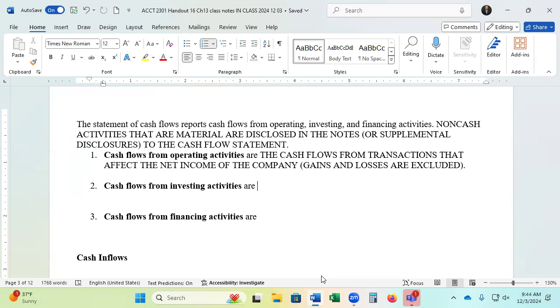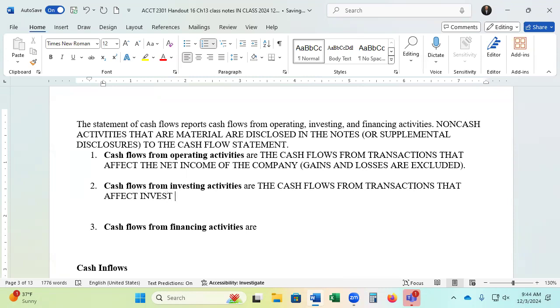Cash flows from investing activities are the cash flows from transactions that affect investments and non-current assets of the company.